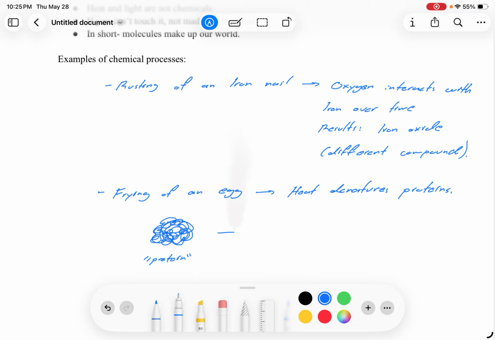And you add heat to it. It's going to denature it. If you don't know what that means, it's just going to break bonds and unravel the protein. So now it's like this, right? The bonds are broken, and now you have a different molecular structure.